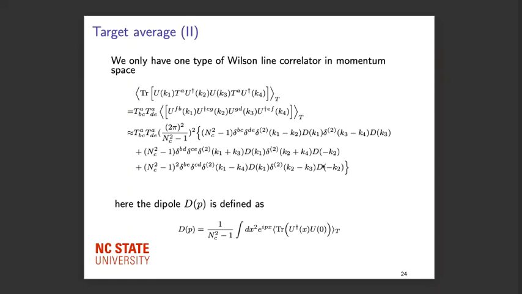Luckily, all of the Wilson line correlators can be expressed in the following way. And when we use this approximation, we only get three terms, and we get a bunch of delta functions, which simplify the expression a lot.